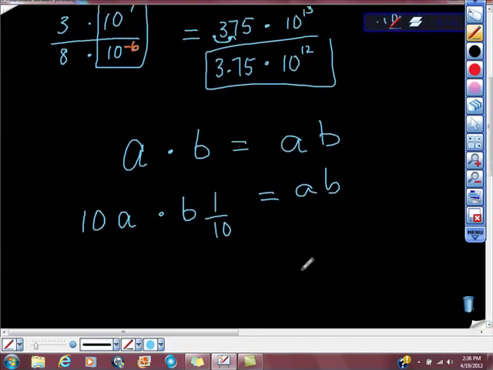Remembering that multiplication is commutative, I could take this 10 times this 1/10, times A times B, and 10 times 1/10 is 10 over 10 is 1, and 1 times A is A, and A times B is AB.